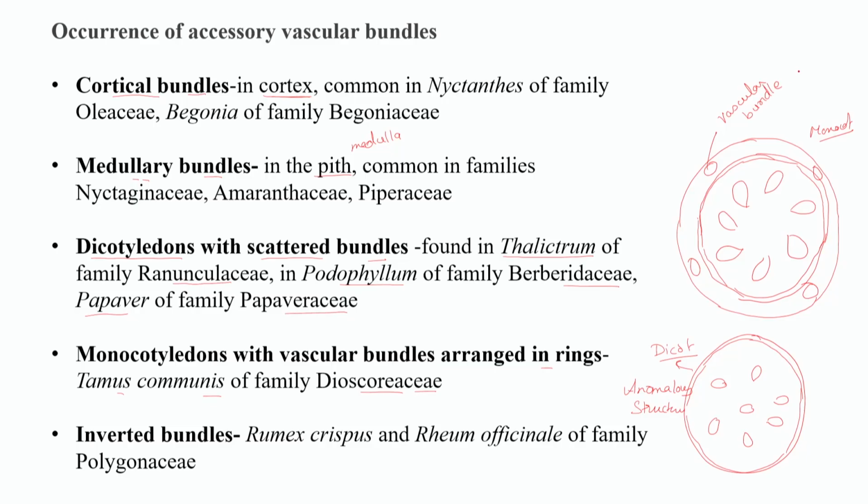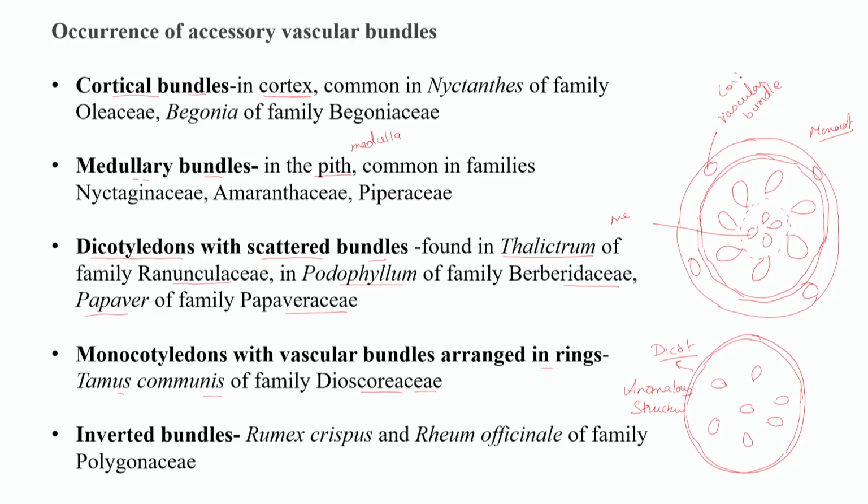Now, generally these are not the only bundles found in those plants. Those plants will definitely have their own normal vascular bundles, but along with that they have cortical bundles in the cortex region. Similarly, suppose this is the pith portion, and in that you have vascular bundles, so those will be medullary bundles.